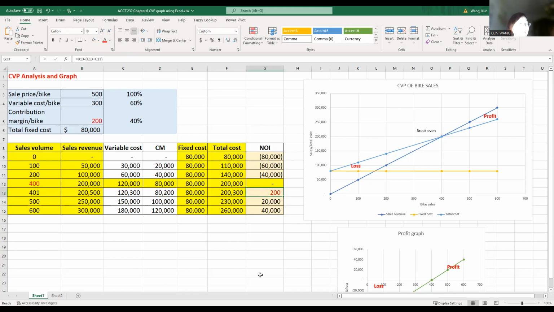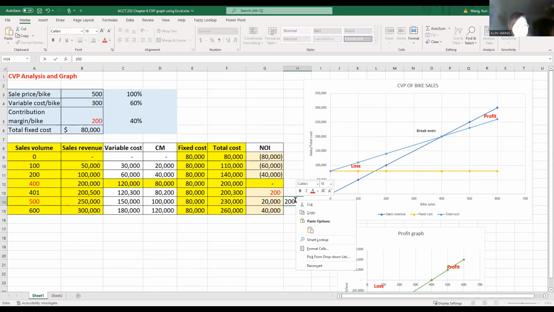After that, we accumulate more contribution margins. So 2 more units will be 400, 3 more units, 600, until we reach 500, which is the current volume, where we have 20,000 in total. And this is actually 200 times 100.